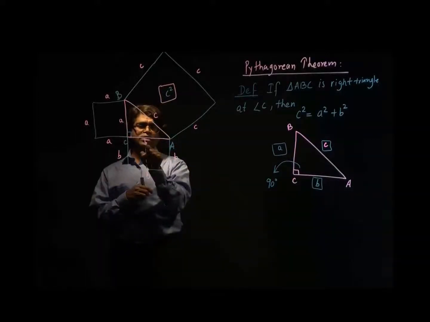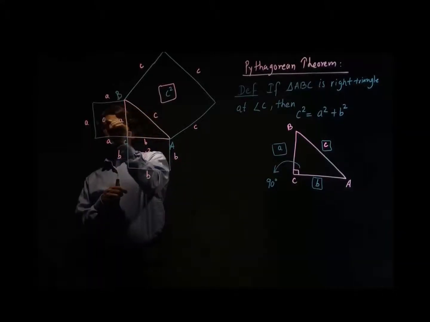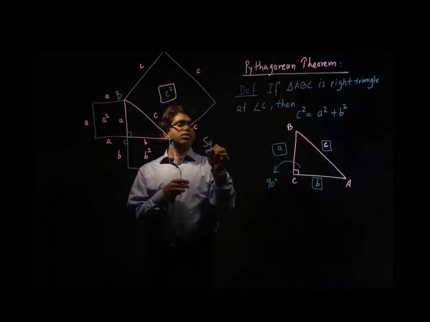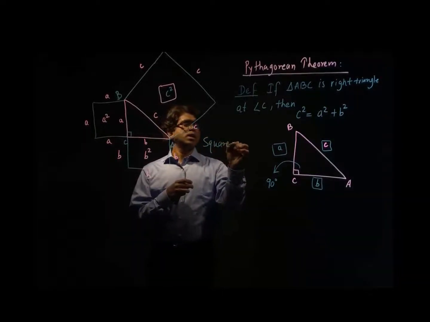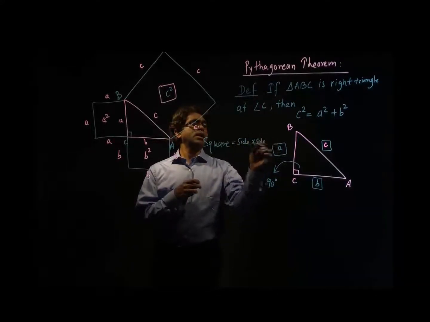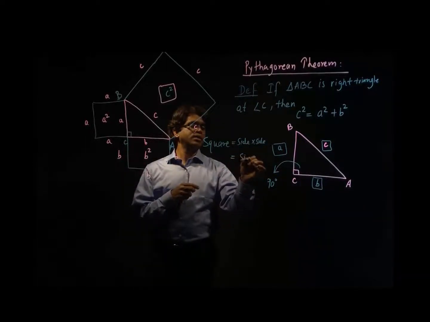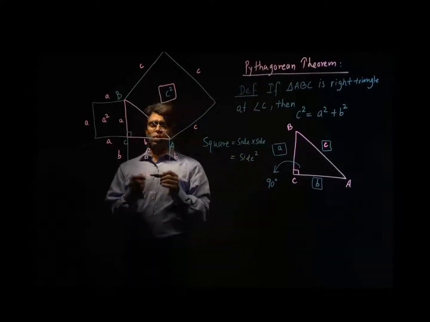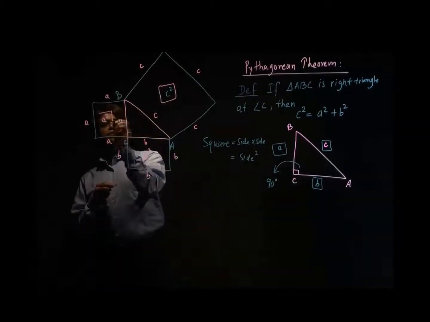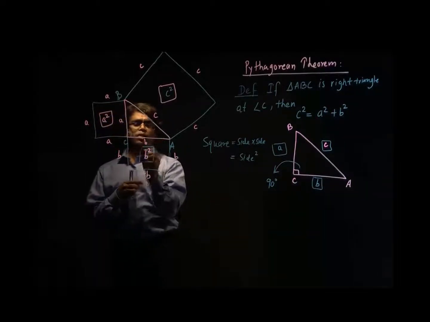The area of this square will be b squared, and the area of this square will be a squared.